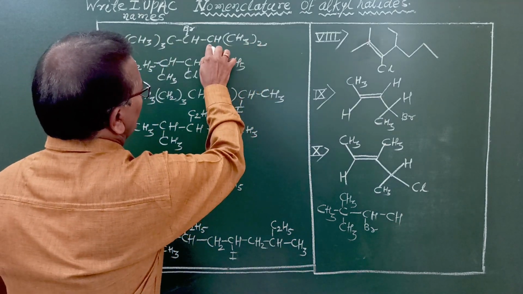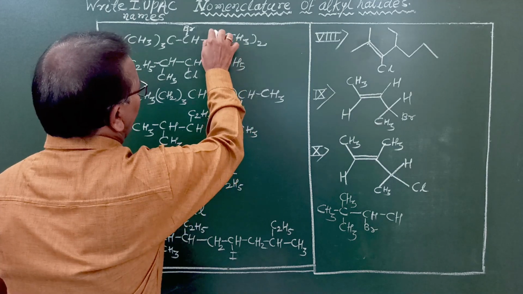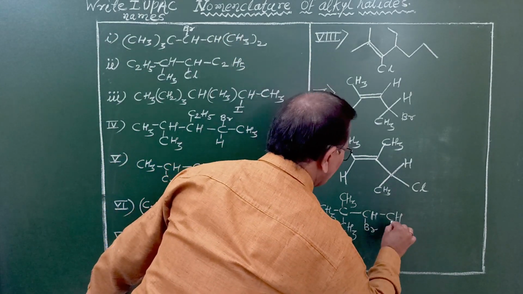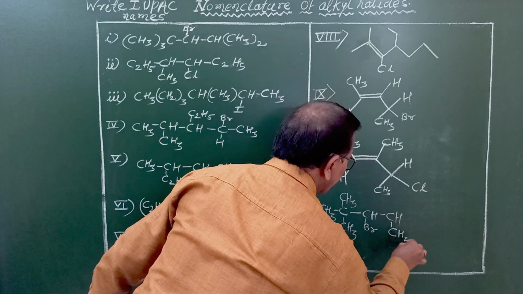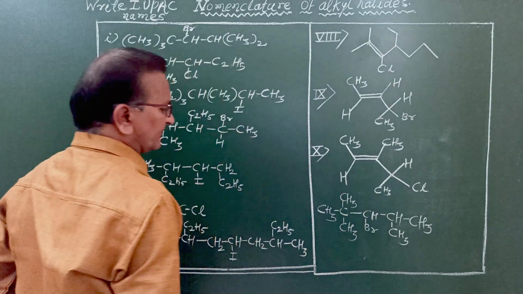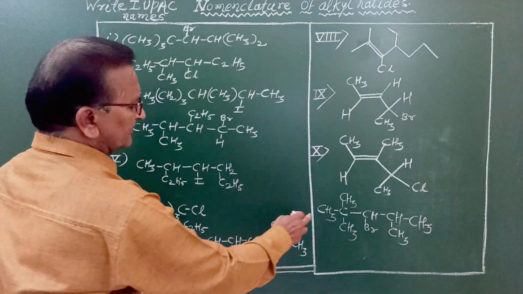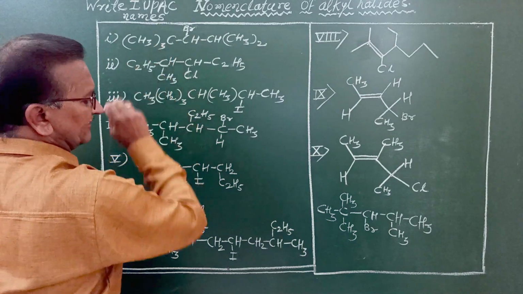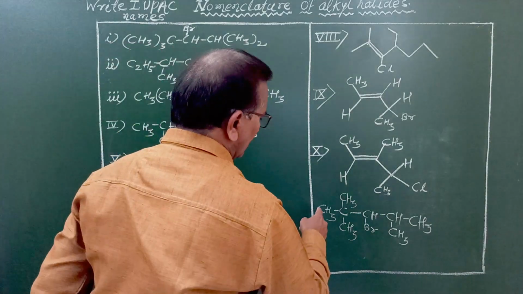That's why we have to put 1 methyl group in branch and 1 methyl group in chain. So here we can write branch CH3 and chain CH3. Let us see, this is the actual structural formula of this compound, compound number 1.